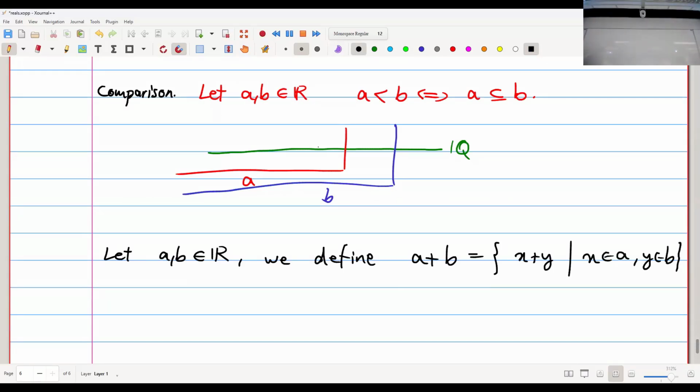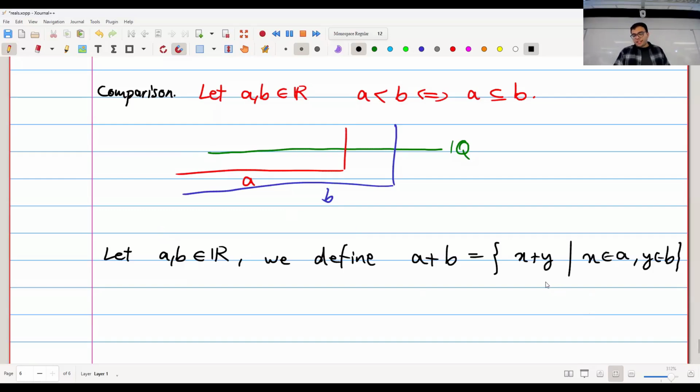Again, A and B are real numbers, so each of them is a cut in rational numbers. I want to define A plus B, so I have to define a cut of rational numbers that is going to be the meaning of A plus B. I just say take any X that is in the set A, and take any Y that is in the set B, and just add them together.